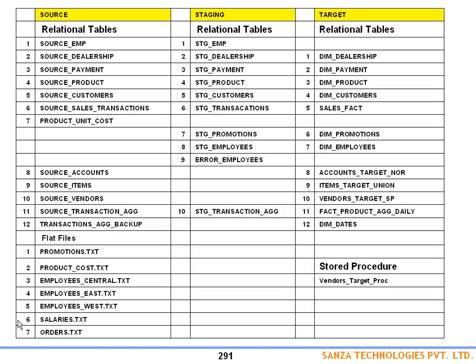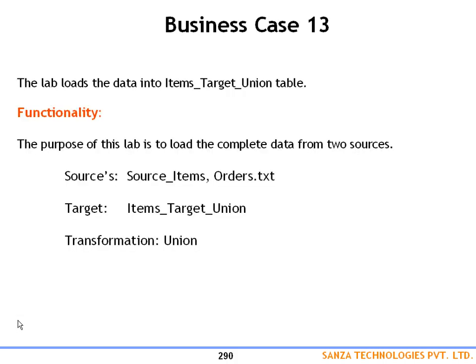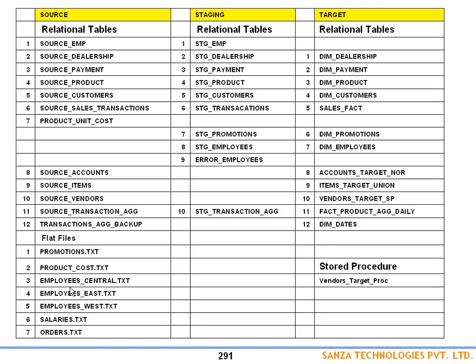I was not able to incorporate this in the dimension employee loading. So what we have done is, just to explain the union transformation, created a small example. The tables are source items and orders.txt file. There are 2 sources.